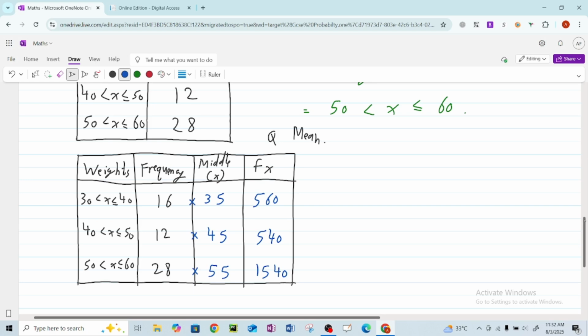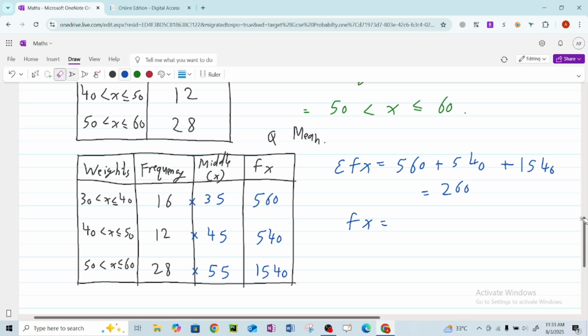Now, for Σfx, let's find out Σfx. Σfx means the sum of f times x. So 560 plus 540 plus 1540. If I add them all up, that's 2640. That's my Σfx.